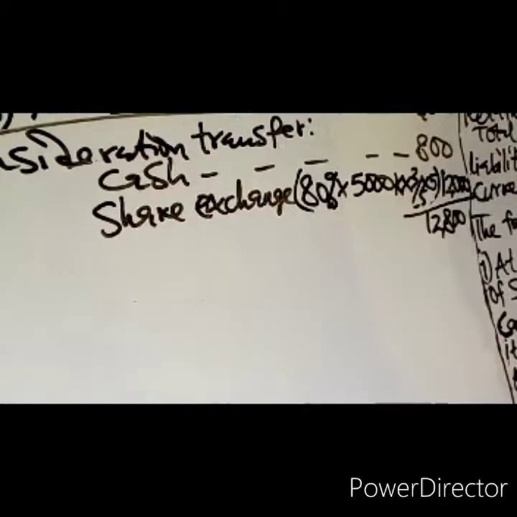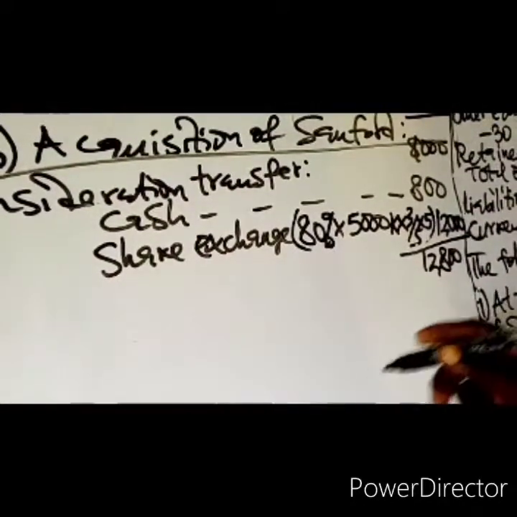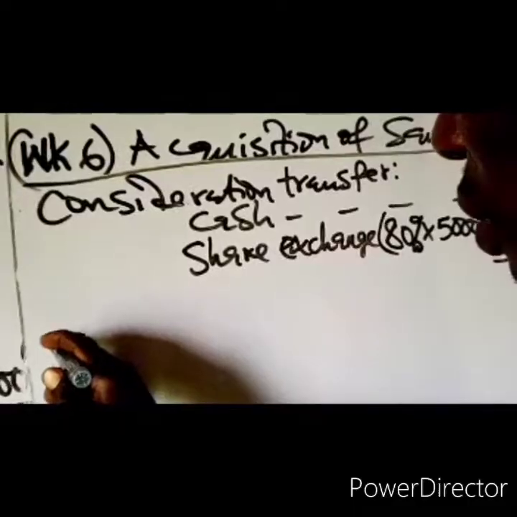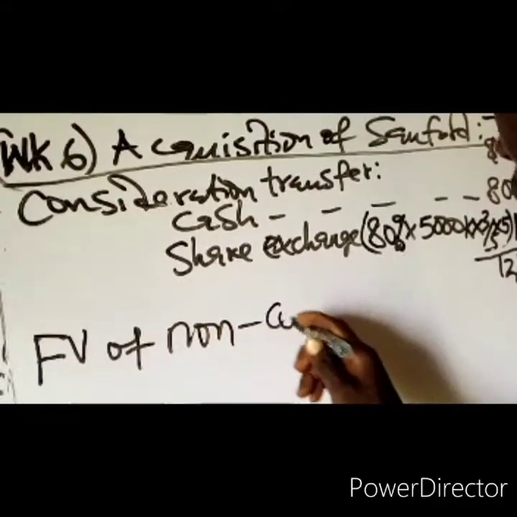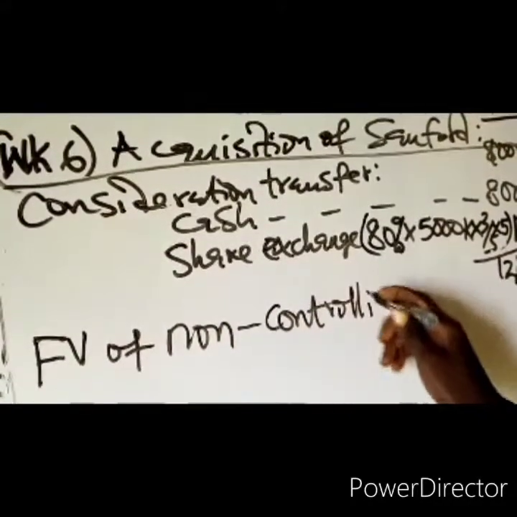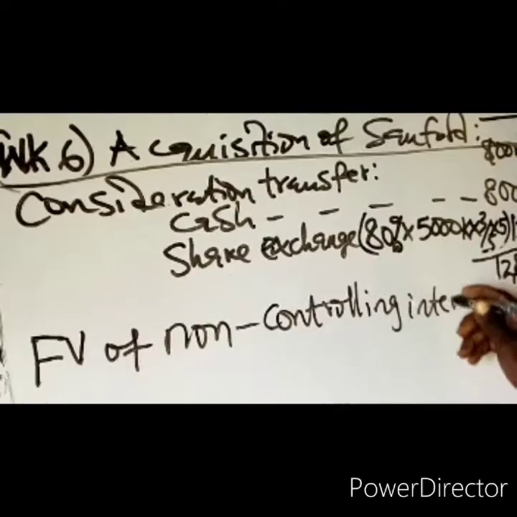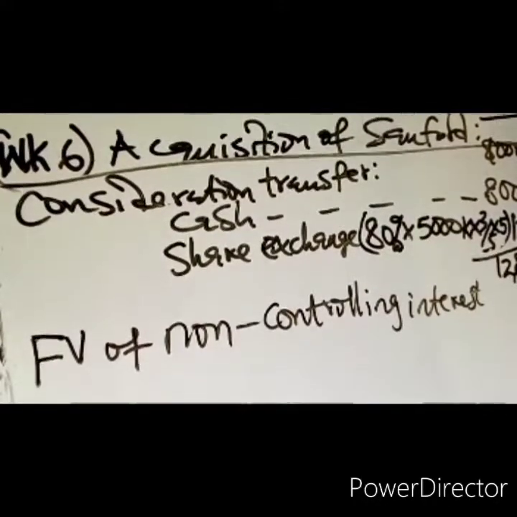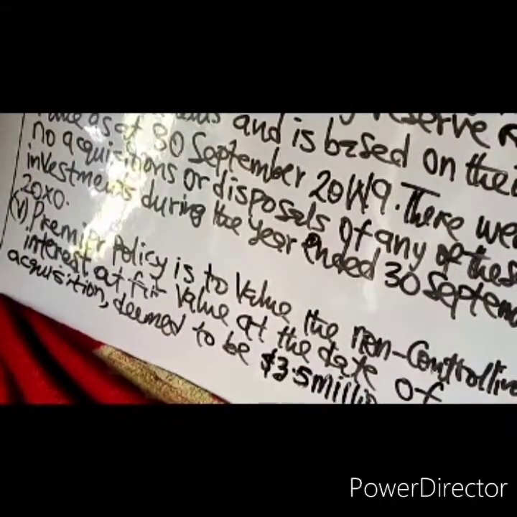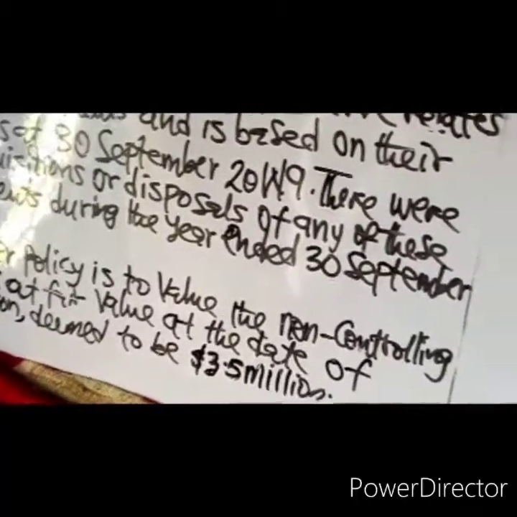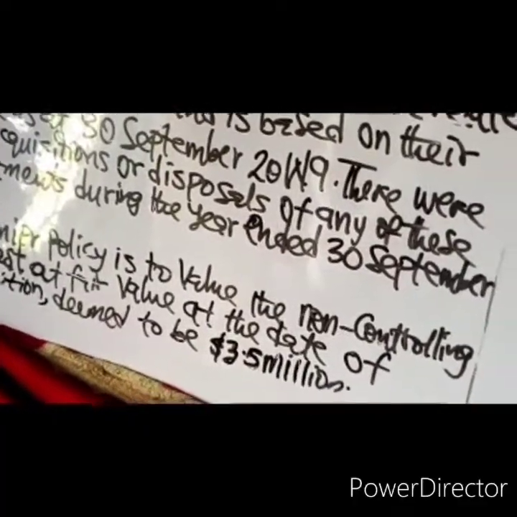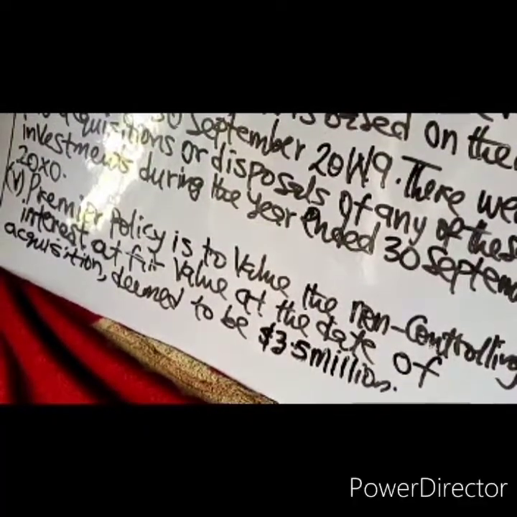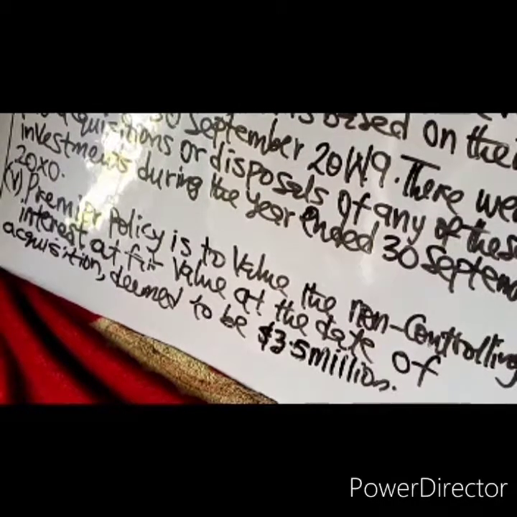The next thing is the fair value of non-controlling interest. Note 5: Premier's policy is to value the non-controlling interest at fair value at the date of acquisition, deemed to be $3.5 million.